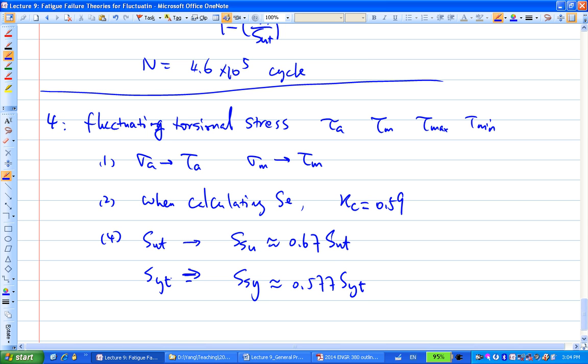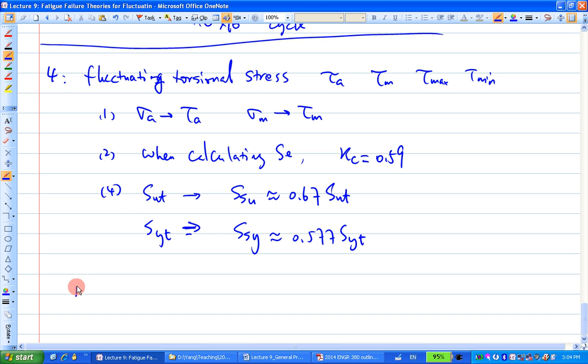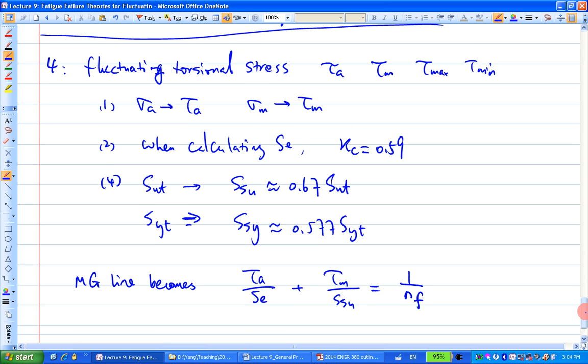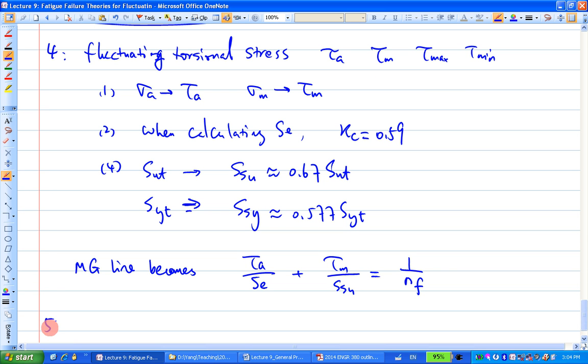So those are basically a few replacements that you need to conduct before you apply, for example, the modified Goodman line. It becomes tau a over Se plus tau m over Ssu equal to 1 over nf, the safety factor. So that's the replacement. It's very simple.